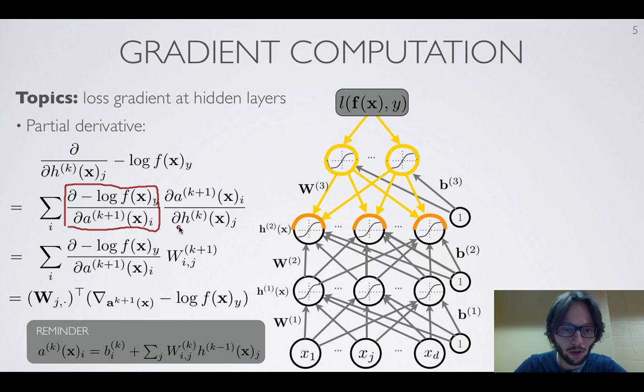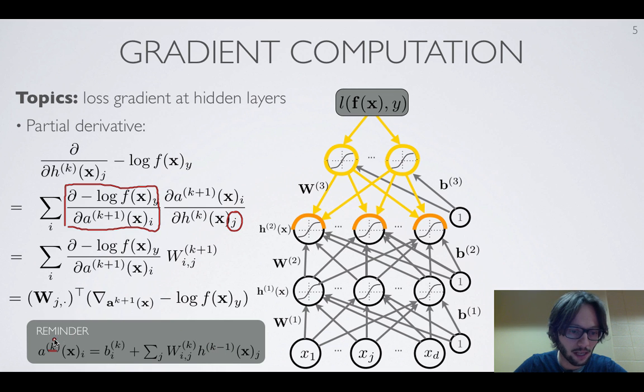Now, the part of this expression that we don't know yet is this part here. What's the partial derivative of the pre-activation at the layer above with respect to the activation at the layer below for the jth unit? Well, let's remind ourselves of the formula for the pre-activation at a given layer. So this is k here, and I have k minus 1 here.